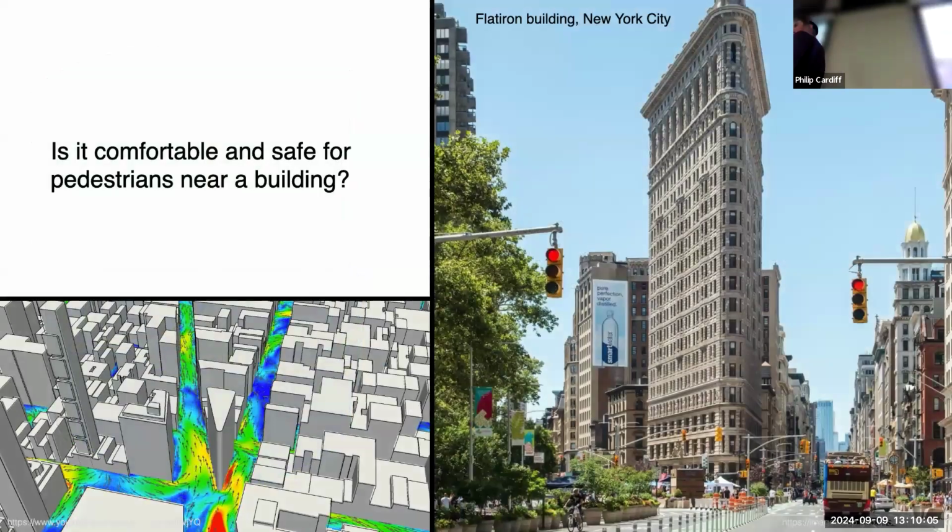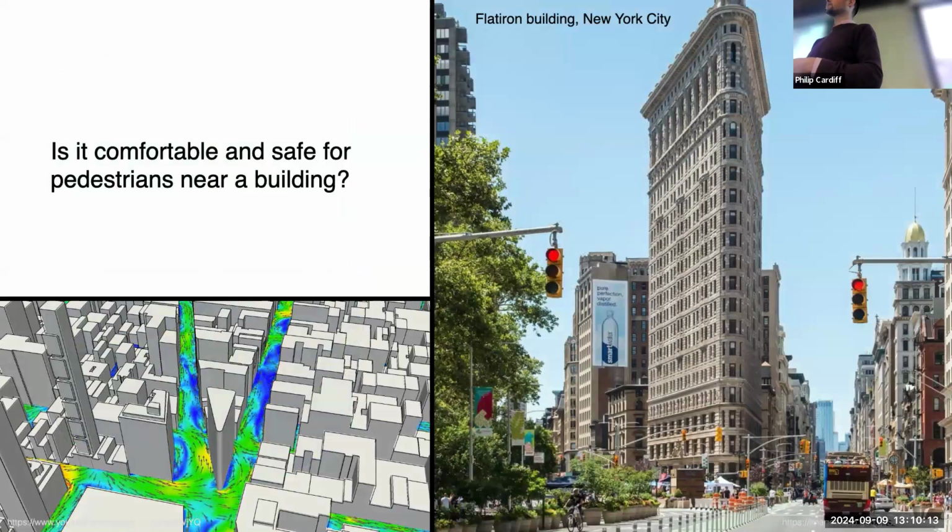When you build a building, you don't want people to be blown over as soon as they step outside of it. Any of these large buildings in the Dublin city centre now will have computational fluid analysis performed on them. They call it pedestrian comfort analysis. So when the architect says, "Oh, here's a nice little place to sit down and have a cup of coffee," if the wind is too high at that location, nobody will have coffee there. They won't sit down because it's too windy.